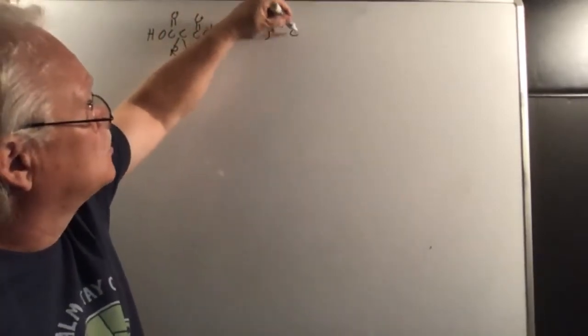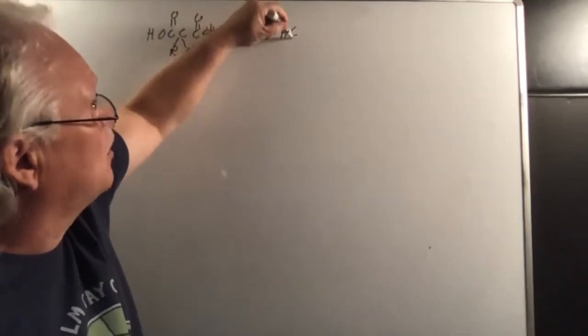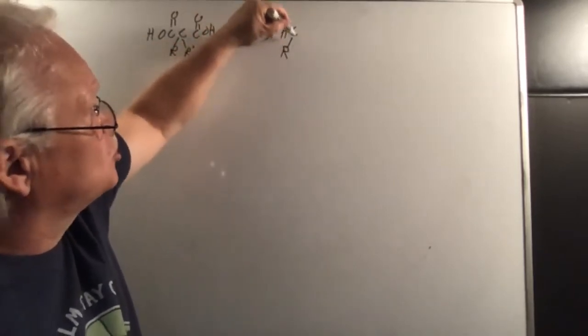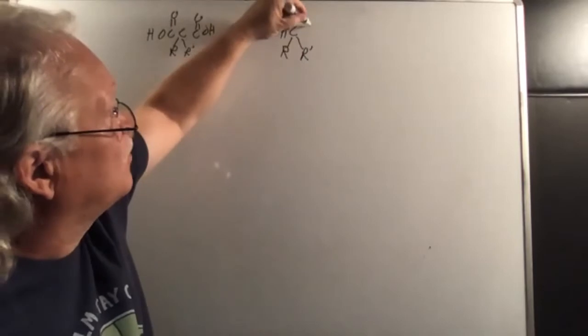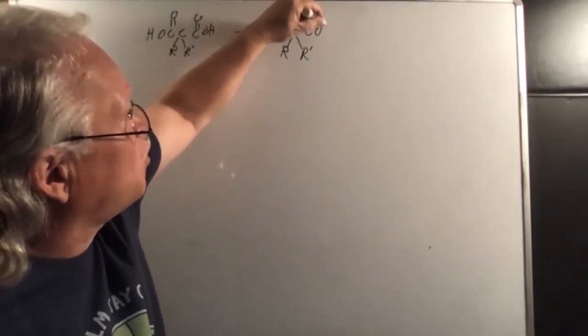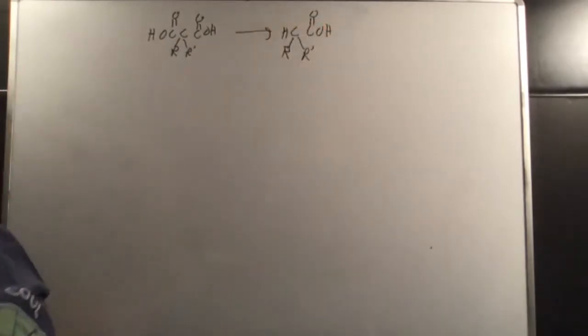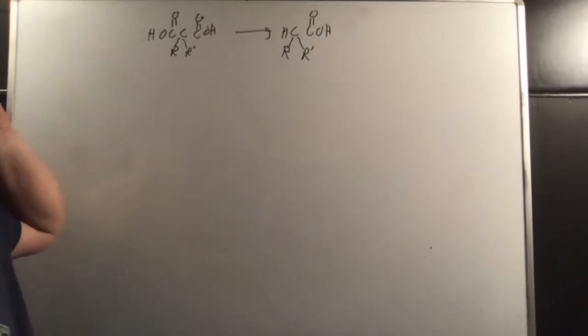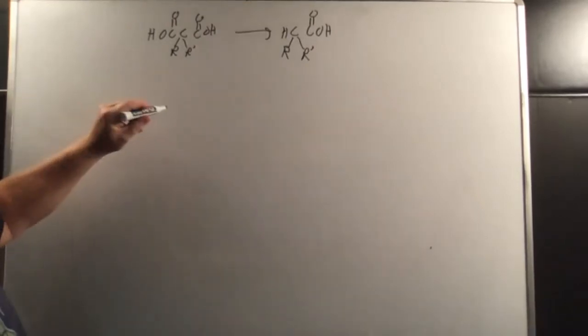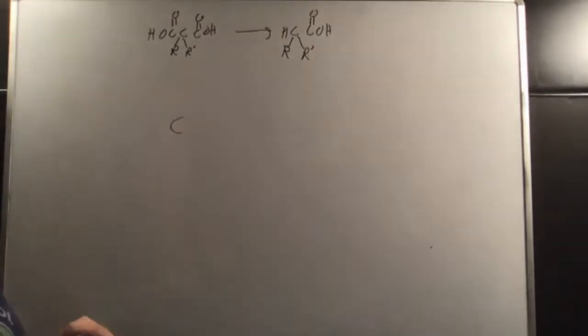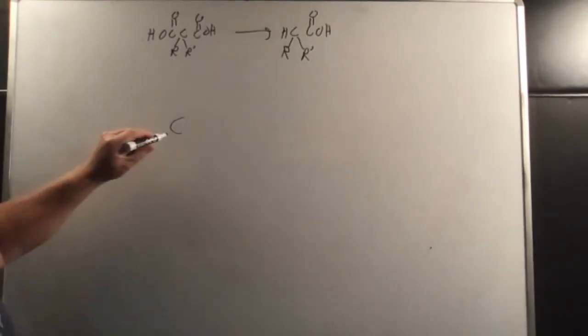So I will lose the one on this side, just to show you that it doesn't matter. Notice the product of the reaction is a substituted acetic acid. Now, how does that reaction occur? Watch what I'm going to do. I'm going to try to draw this, and I'll probably have to redraw it a couple of times because I usually mess it up.